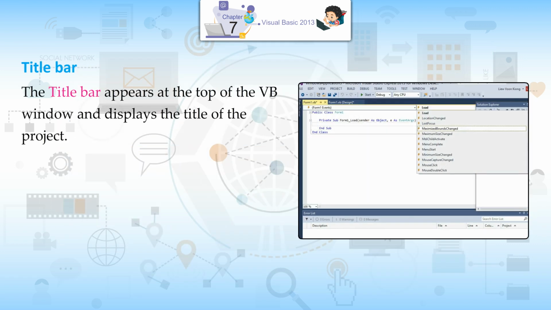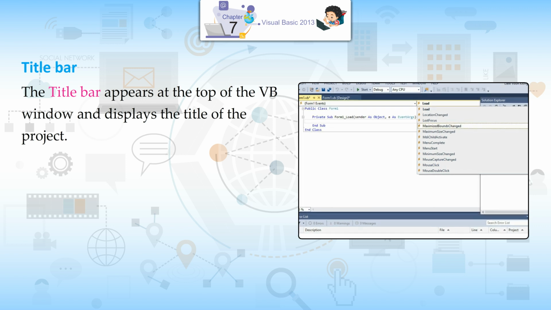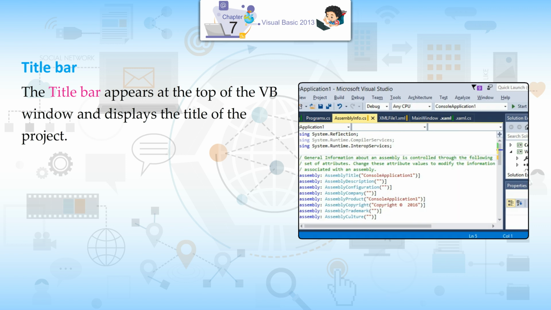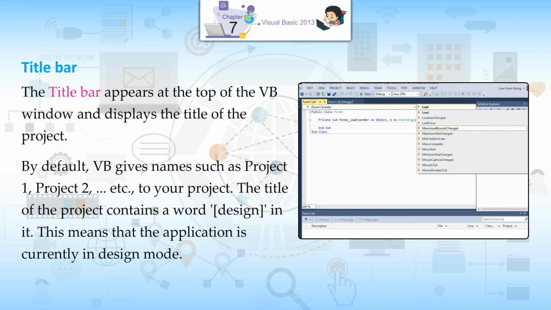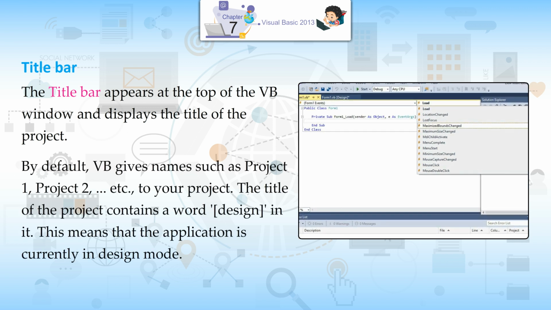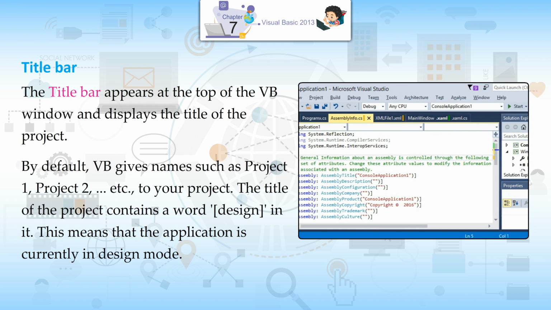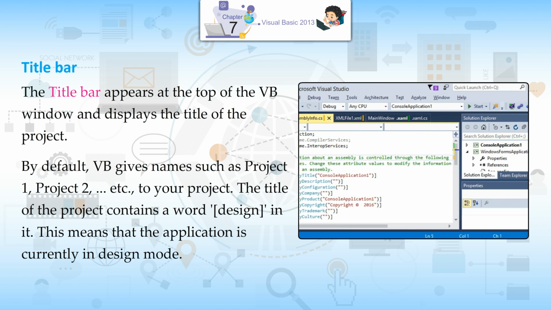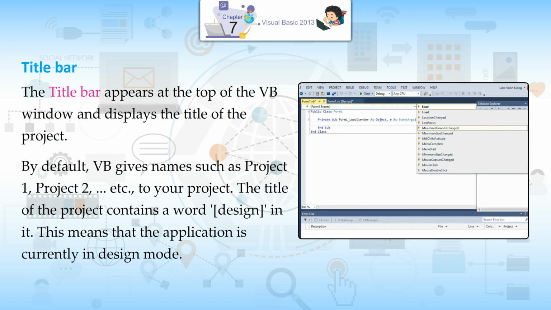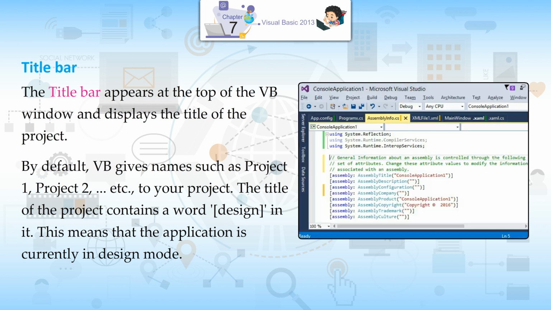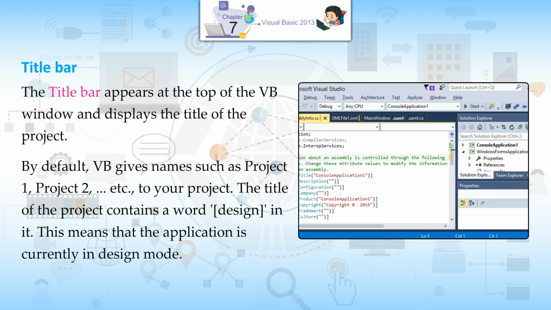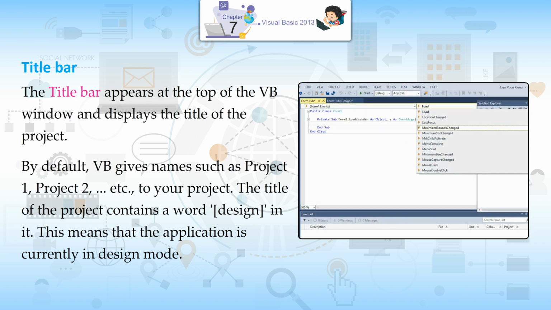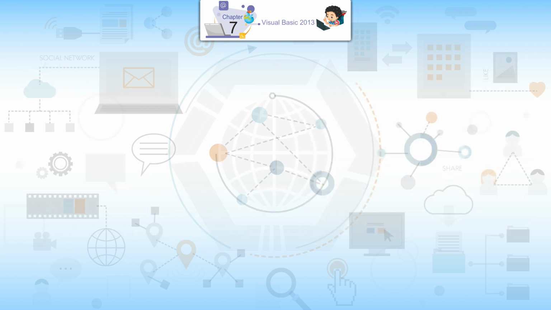Title bar. The title bar appears at the top of the VB window and displays the title of the project. By default, VB gives names such as Project 1, Project 2, etc. to your project. The title of the project contains the word design in it. This means that the application is currently in design mode.